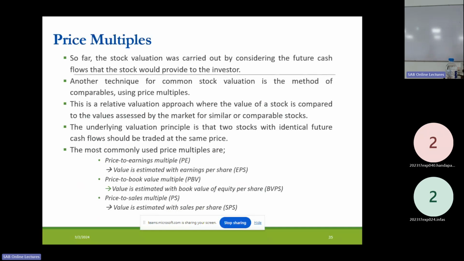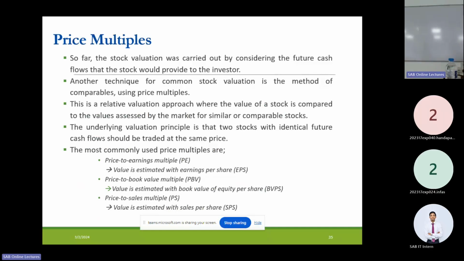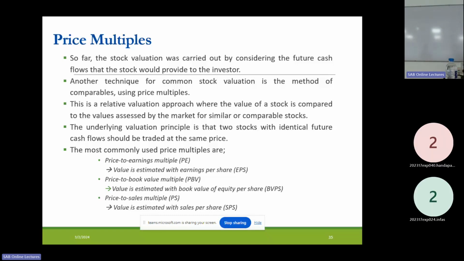Here, there is no need to know the expected dividends, expected cash flow, or expected price. No need to forecast. Simply, you can calculate past average price to earnings multiples, and based on this average of a particular company, you can forecast the price.